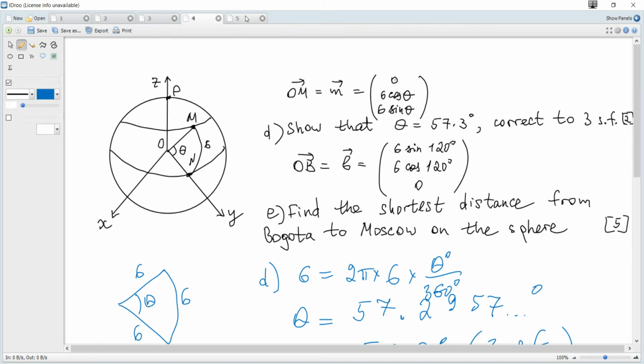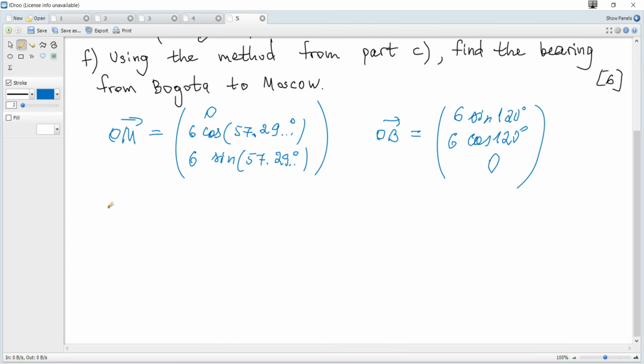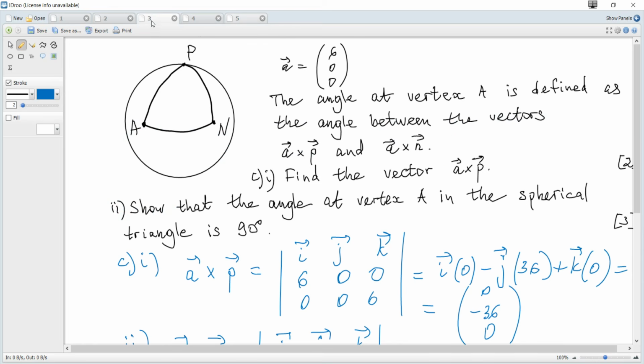Then you may use the formula given in the data booklet, and notice that we need not OM cross product OB, but OB cross product OM. There is a difference.